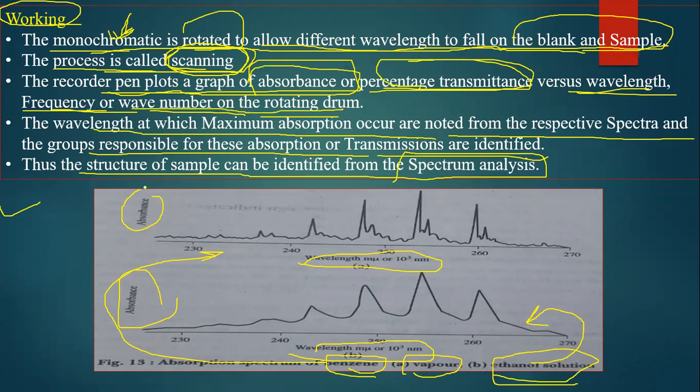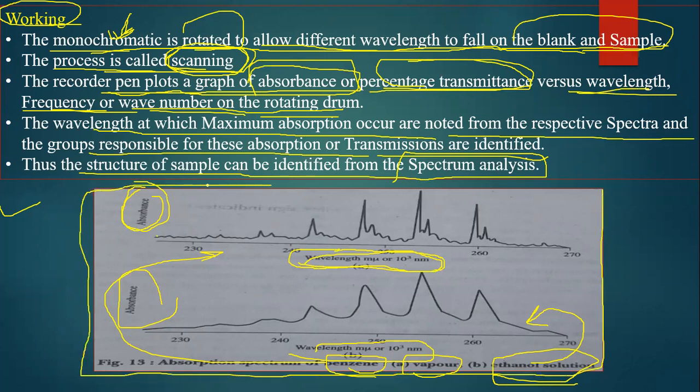Here you can see in the diagram, absorbance is plotted versus wavelength, and the graph is obtained like this. This was the paper, which you can consider wound on the drum, and you can see how the pen is recording here on the screen.